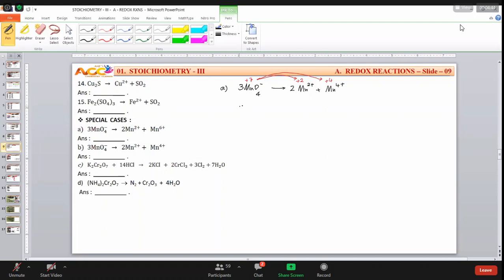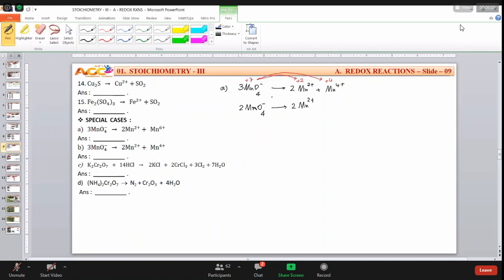Okay, come on. First is 2 permanganate ions, gives you 2Mn2 plus. This is the first reaction.